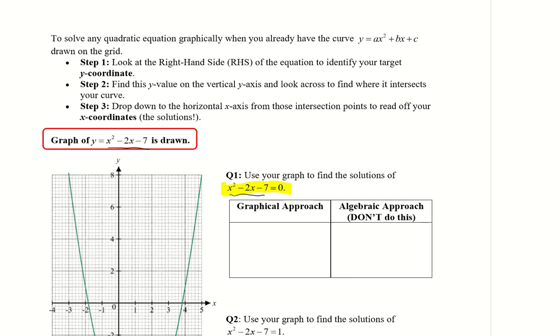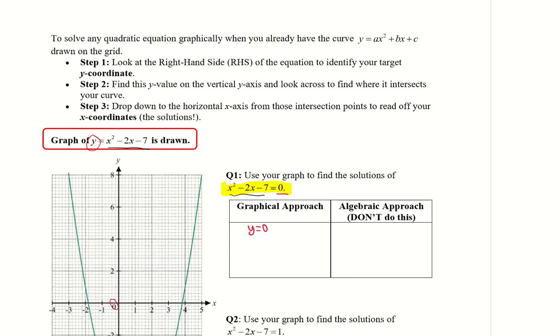So what do you have? The same thing as just now. I know my y equals 0. That means my y coordinate is 0. So I identified my y coordinate. I find this y coordinate 0 on the vertical y-axis, which is here, and look across where it intersects my curve.